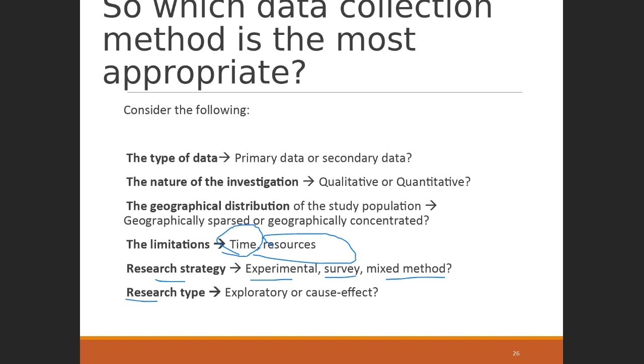If your research is exploratory in nature, you will usually rely on unstructured interviews and structured interviews. And if your study is on the cause and effect relationship, maybe you will be more focused on questionnaires. So your data collection method is dependent upon these important factors, and you need to take them into consideration before deciding upon your data collection method.